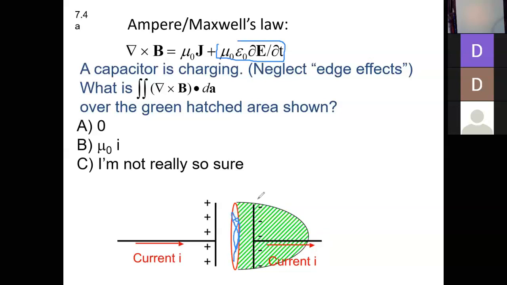They have to give us the same answer. So what Maxwell realized is the electric field between this capacitor can change in time, and I can use that to be similar to current, or I should say, this is usually called the displacement current.